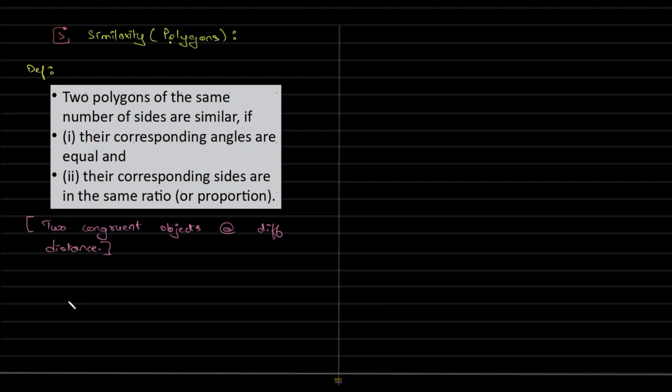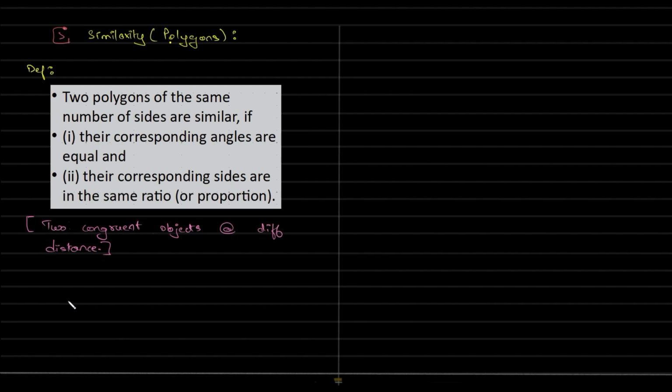Two polygons are said to be similar if their corresponding angles are the same and the corresponding side ratios are equal. So we have to pick two polygons with the same number of sides. If you take a triangle, you have to compare with another triangle.